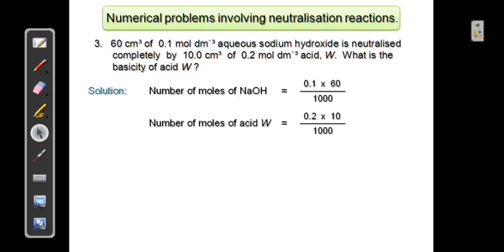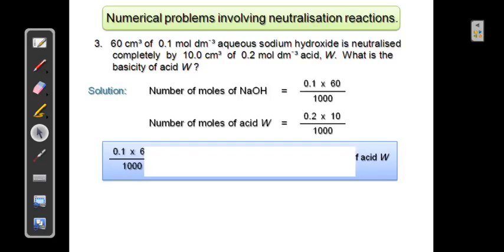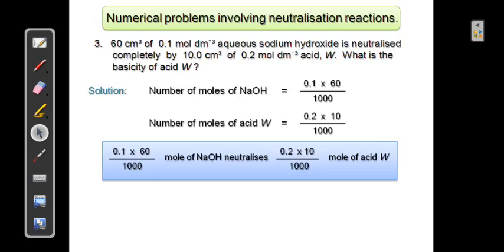So what does it mean? 0.1 times 60 over 1000 mole of NaOH neutralizes 0.2 times 10 over 1000 mole of acid W. That's what it says. All they want to know is the basicity.